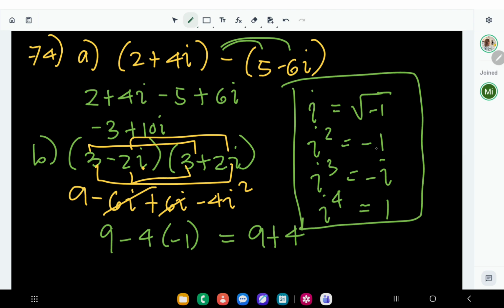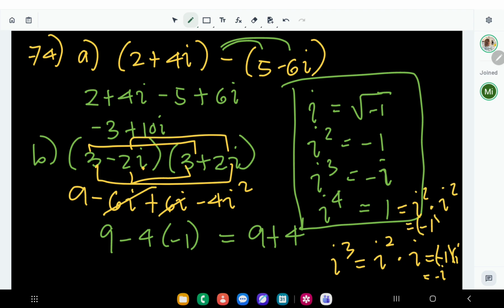Why is i cubed negative i? Because you do it like this. See? i cubed is i squared times i, right? And i squared is negative 1. So negative 1 times i is negative i. And then i to the fourth, you can write that as i squared times i squared.